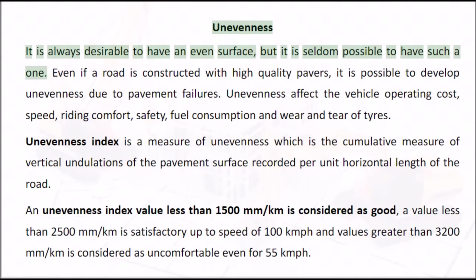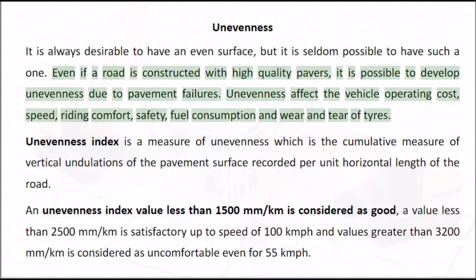Unevenness. It is always desirable to have an even surface, but it is seldom possible to have such a one. Even if a road is constructed with high-quality pavers, it is possible to develop unevenness due to pavement failures.